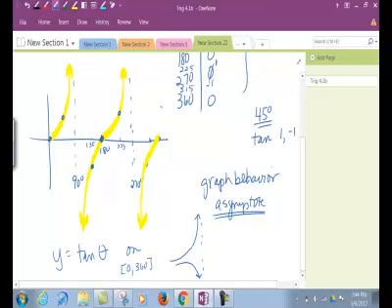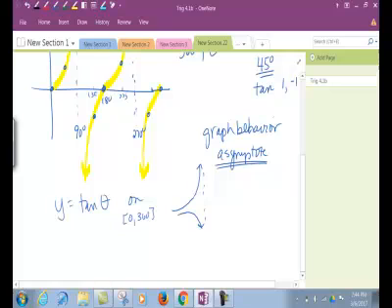Right? It also is periodic and it continues on forever in the x direction to the right and to the left, and so the domain and the range is a little trickier here, and so we'd like to say all reals, but we have those asymptotes, so we can't say that.